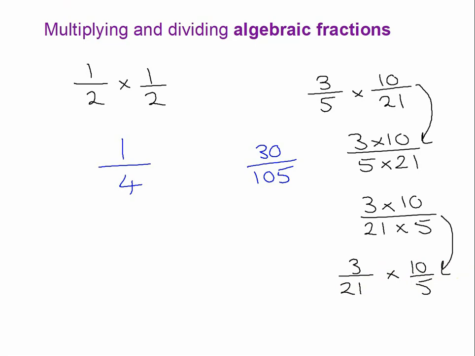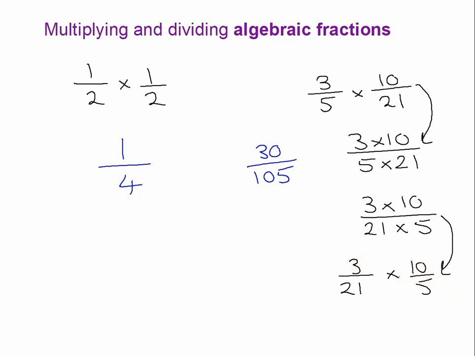I would never normally do this, but I'm just doing this to explain something. So 3 over 5, I can't simplify that. There's no common factor of 3 and 5 for me to divide by. Same with 10 and 21. But when I write it this way round, you can see these are both in the 3's and these are both in the 5's. So I could simplify these.